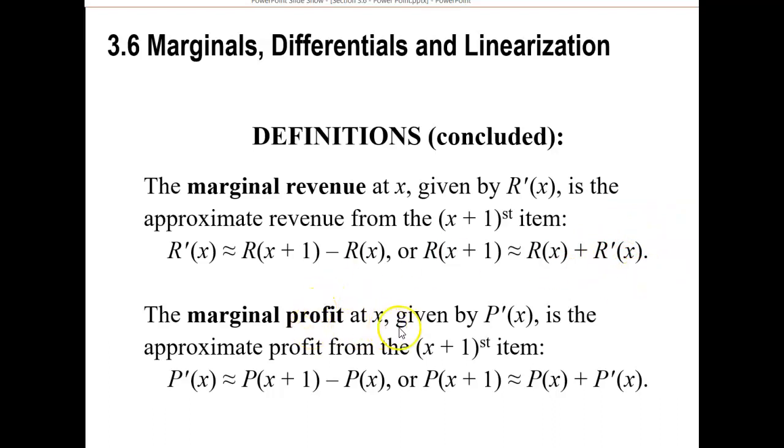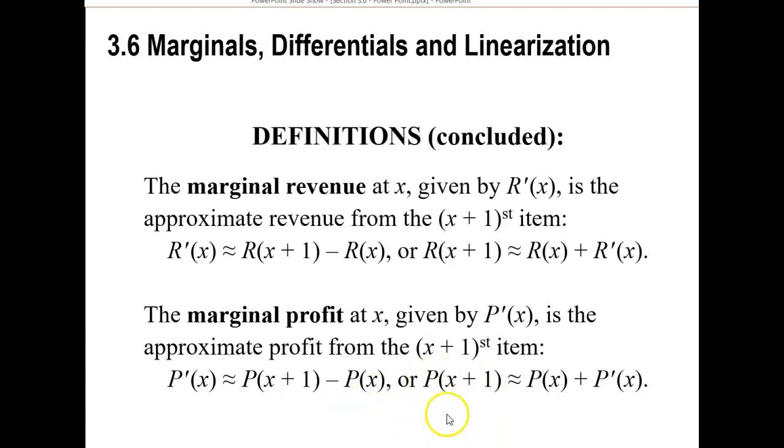And then marginal profit, again, the same. P prime, first derivative of P, is the approximate profit from x plus first item, meaning marginal profit. So again, P prime is P of x plus 1 minus P of x. So the profit of all the first x plus 1 minus the profit of up to x leaves you just the profit of the x plus first.